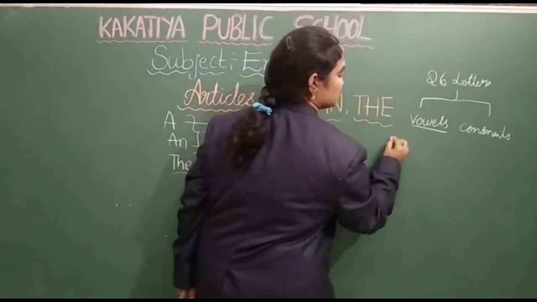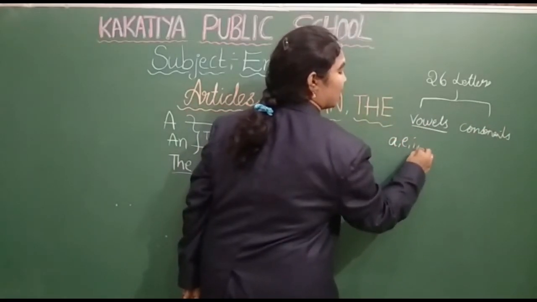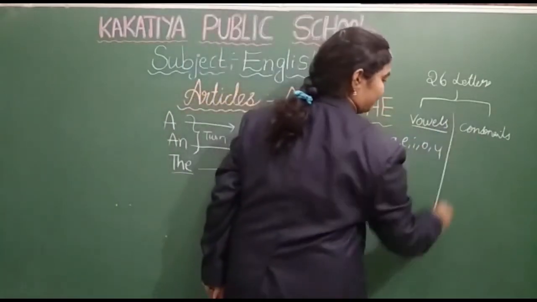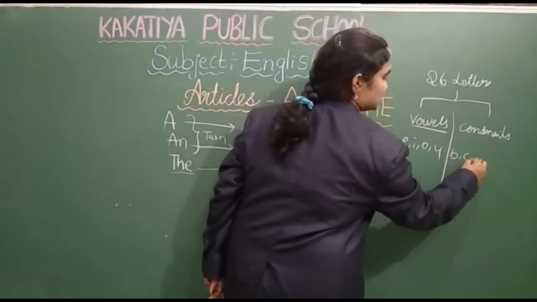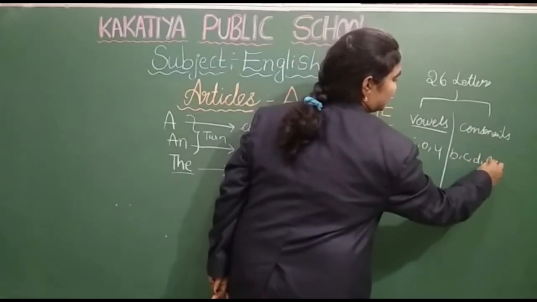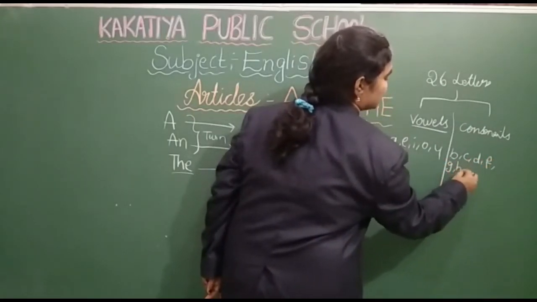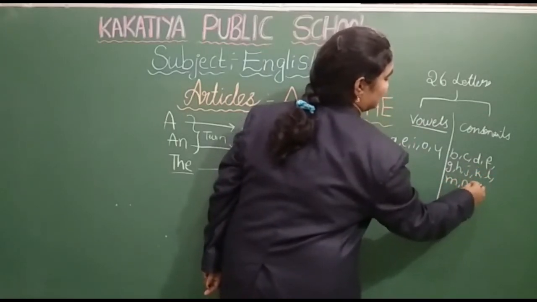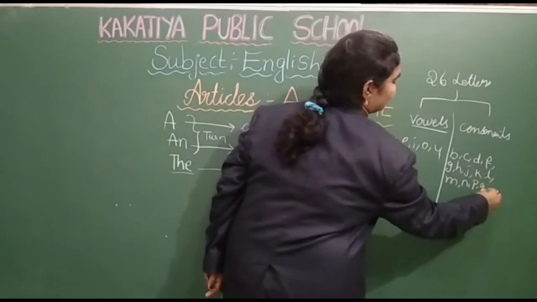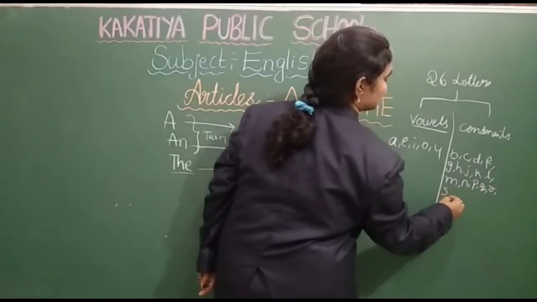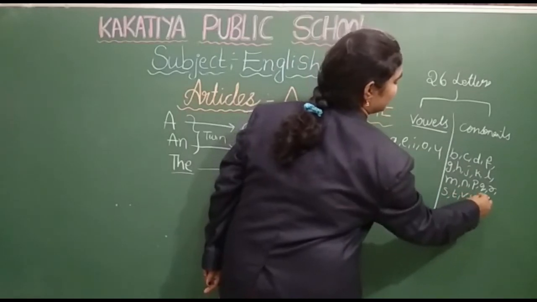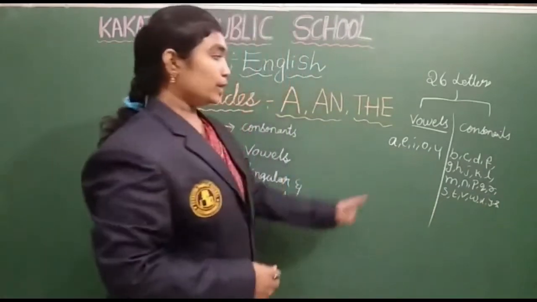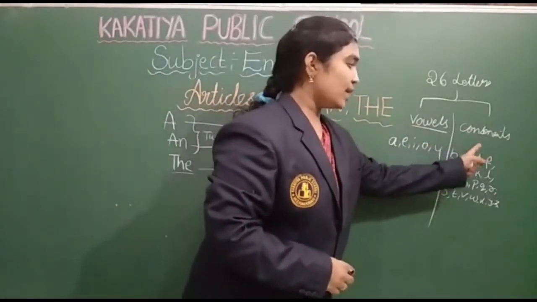What are vowels? A, E, I, O, U are known as vowels. And the remaining, B, C, D, F, G, H, J, K, L, M, N, P, Q, R, S, T, V, W, X, Y and Z, are known as consonants.